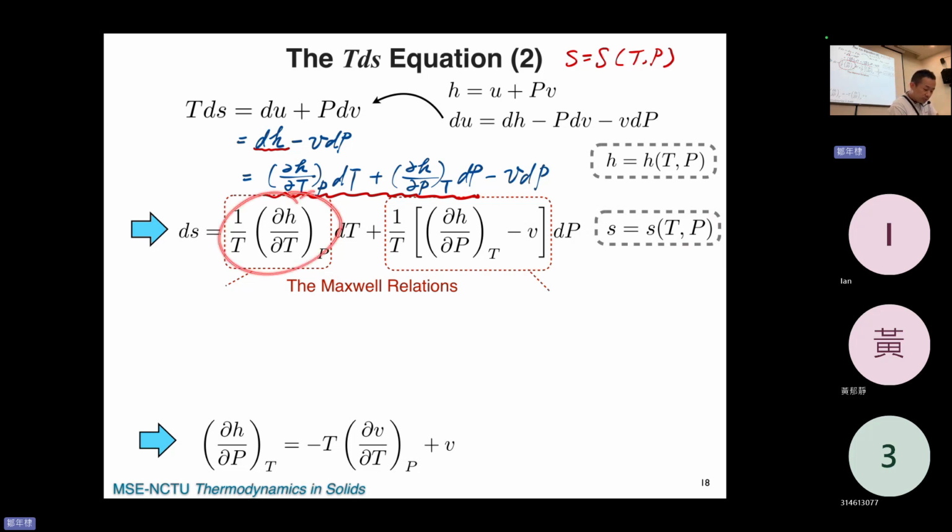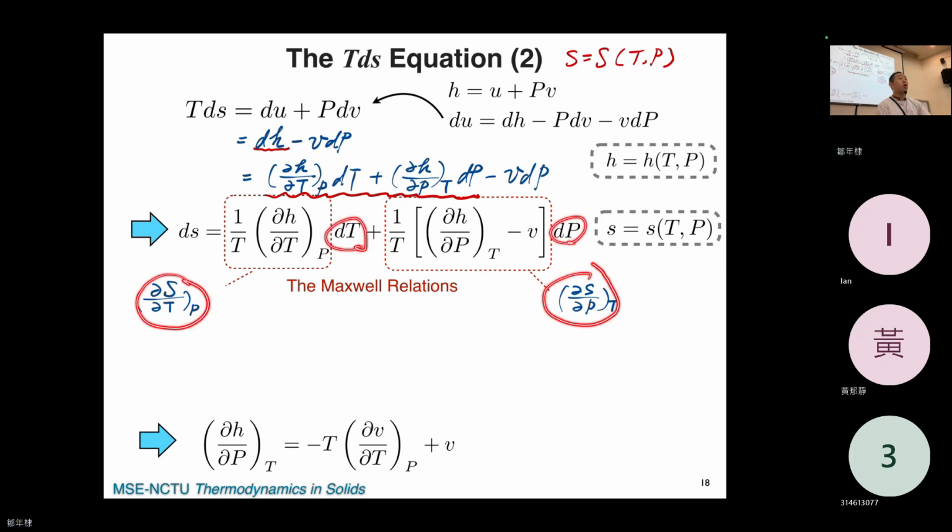So this is actually equal to partial S over partial T at constant P, which is a slope, and partial S over partial P at constant T. So you see, this change can be contributed by the change of temperature and the change of pressure, and of course their coefficients are the slopes.